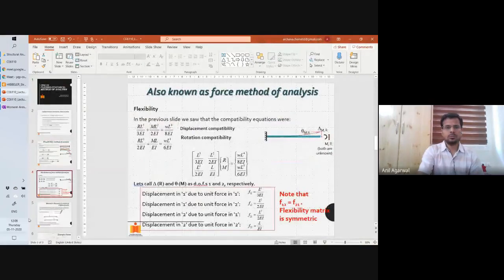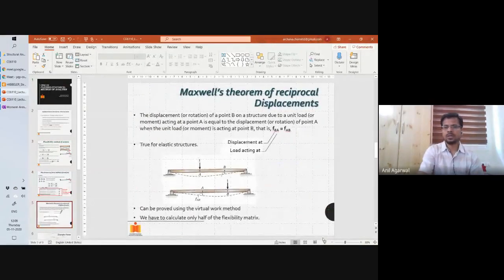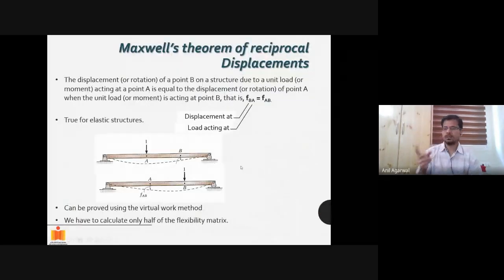Now, just to bring home that point again, that the flexibility matrix is symmetric also implies one more important thing. There is a theorem called Maxwell's theorem of reciprocal displacements, and that is just an implication of your flexibility matrix being symmetric.